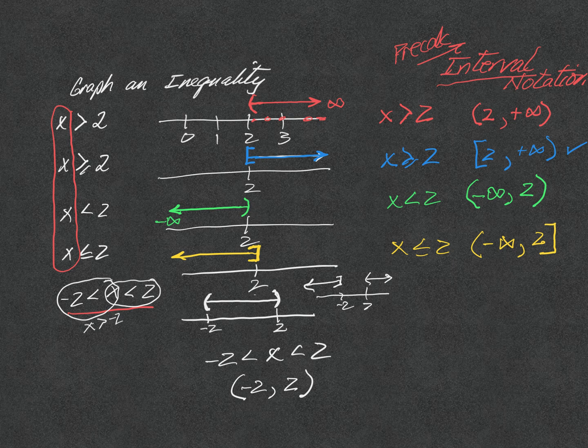In fact, we often write x is an element of that interval. If this had been negative 2 is less than or equal to x is less than or equal to 2, then we would have used square brackets to indicate all the numbers between negative 2 and 2.